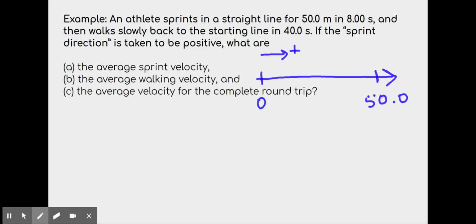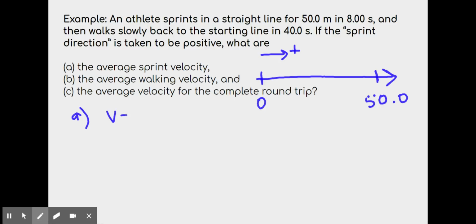We want to know the average sprint velocity, the average walking velocity, and then the average velocity for the complete round trip. So we want to know all of this information about the athlete's travel from point A to point B. So let's go ahead and look at the average sprint velocity.